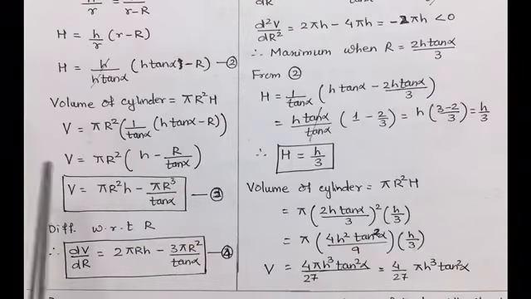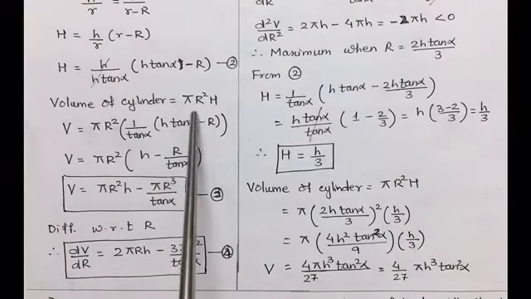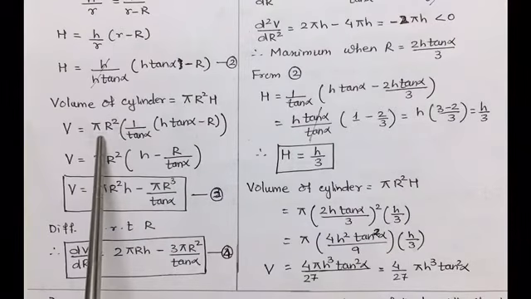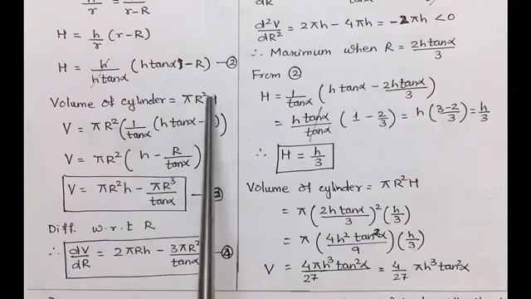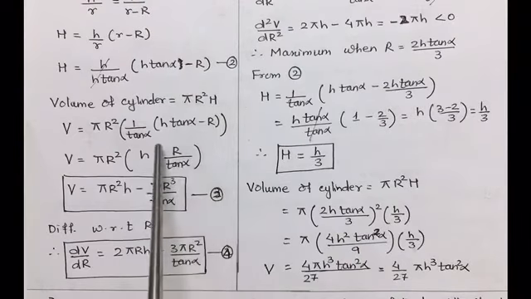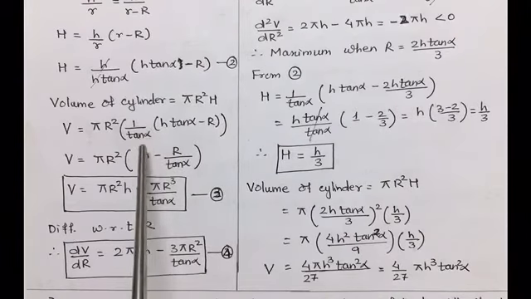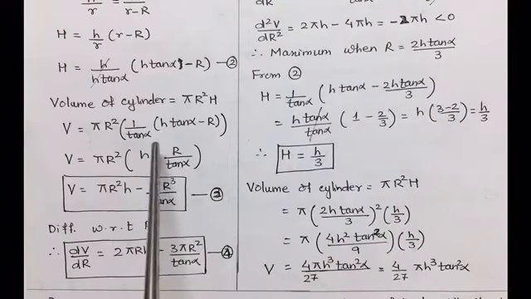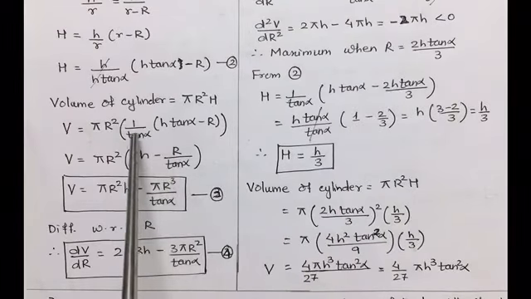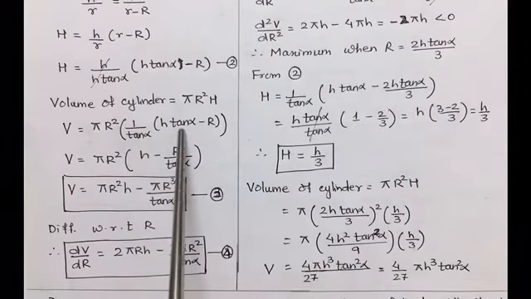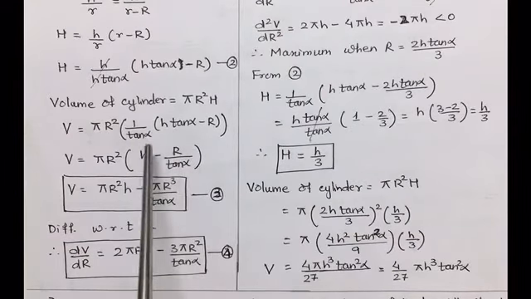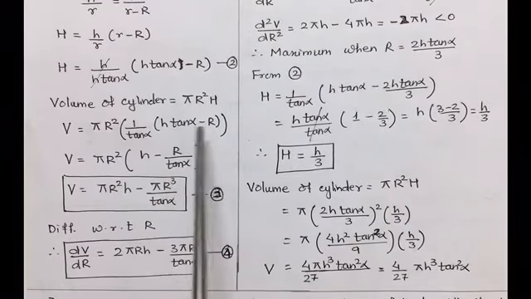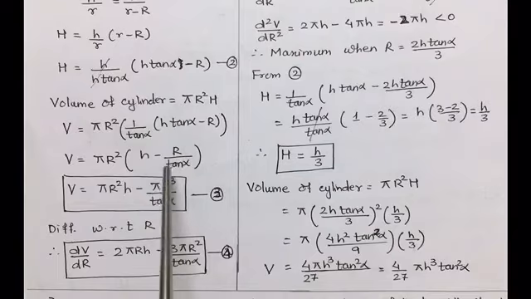Taking up the volume of the cylinder as pi R square H, V is equal to pi R square, keeping the value of H from 2 as 1/tan alpha, h tan alpha minus R. Then taking tan alpha inside, h tan alpha upon tan alpha will get cancelled and minus R upon tan alpha remains.